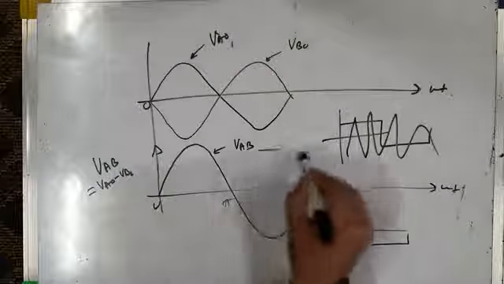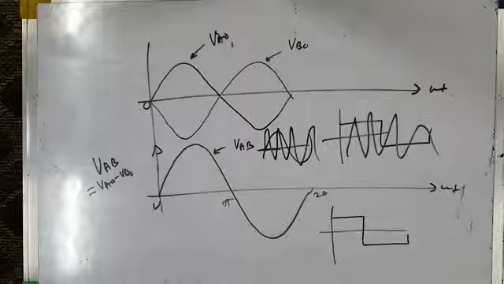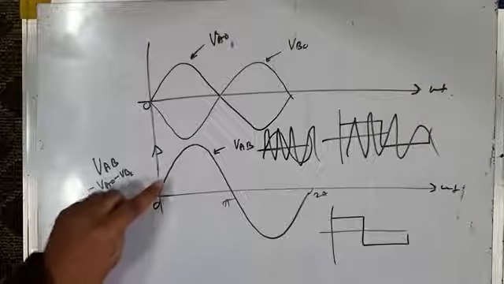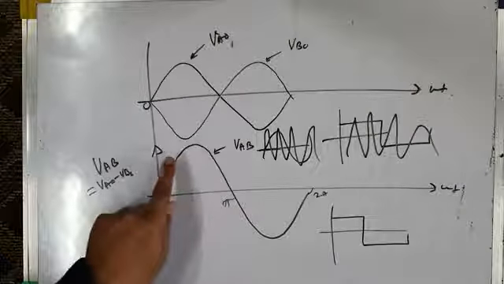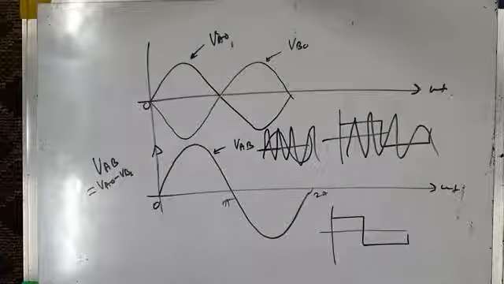But when we have chosen a reference sine wave and compared it with a high frequency triangular carrier wave, the instantaneous value of inverter output voltage averaged from cycle to cycle varies sinusoidally, so it will have low harmonic content. So this is the answer to the question why the reference sine wave is chosen to be sinusoidal.